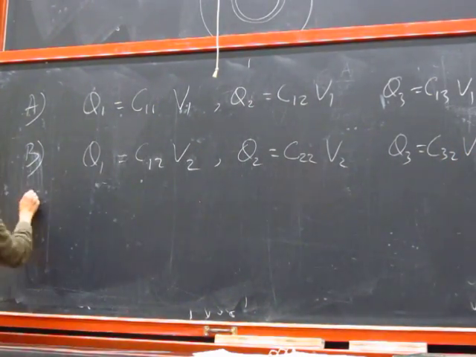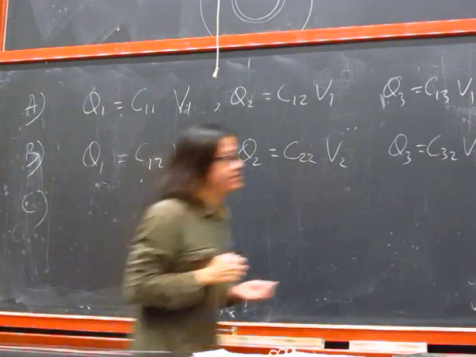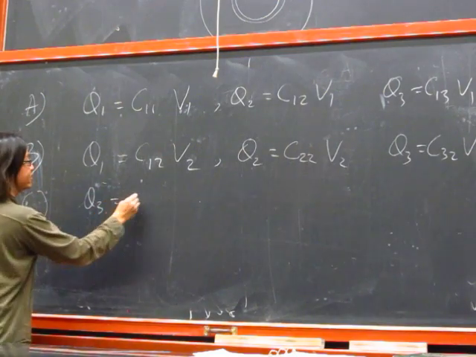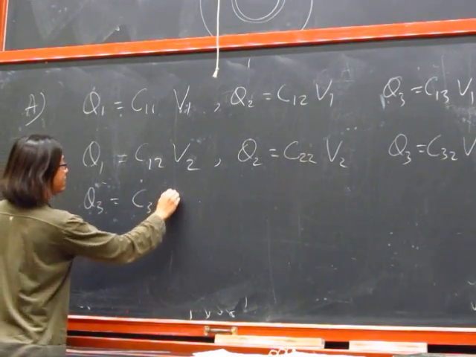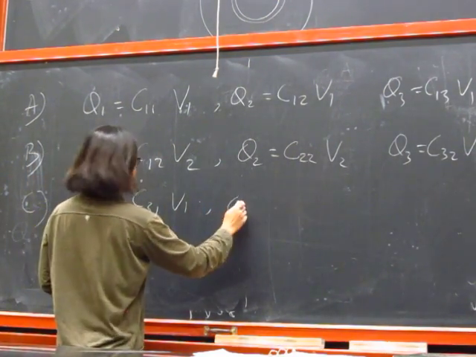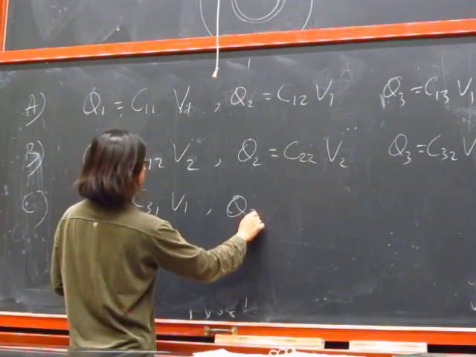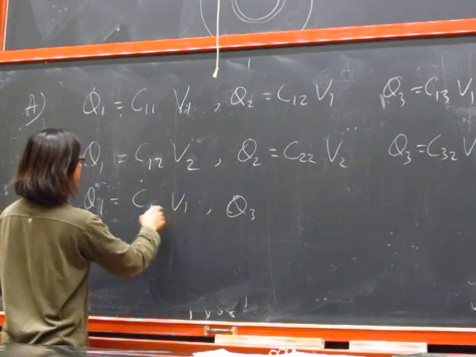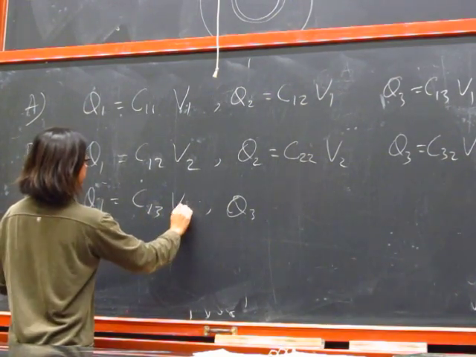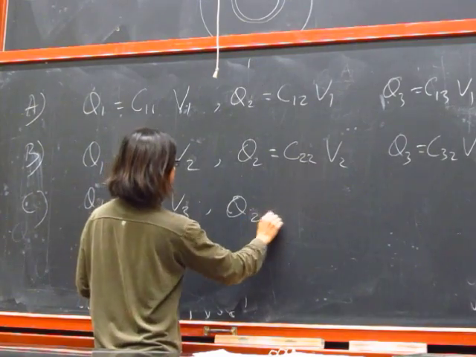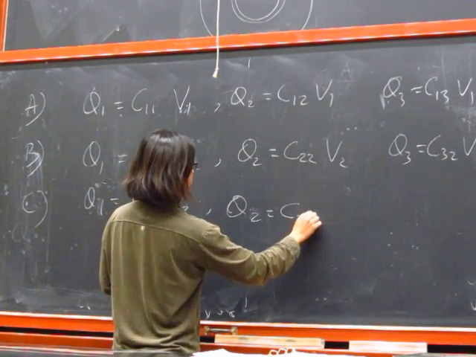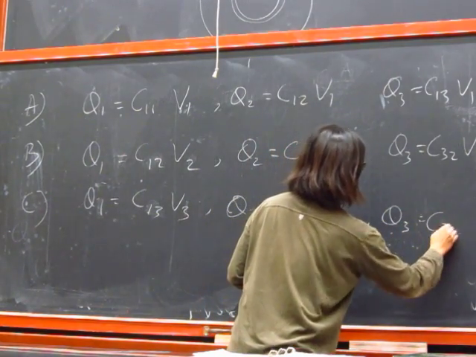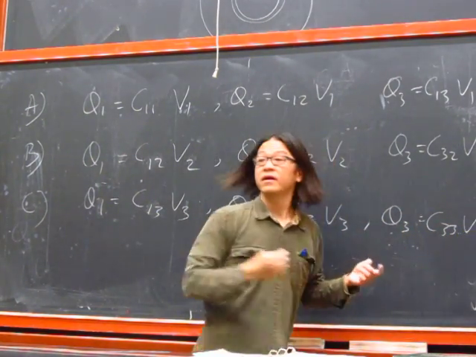And configuration C is the same thing. Q1 is C13 V3, Q2 is C23 V3, Q3 is C33 V3.